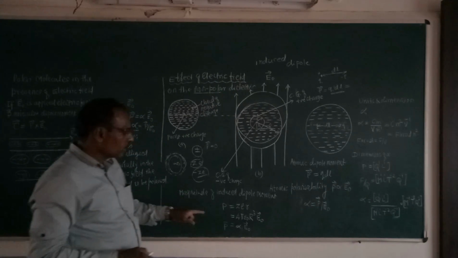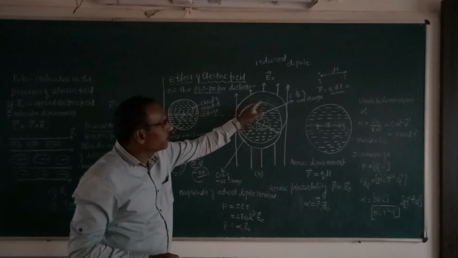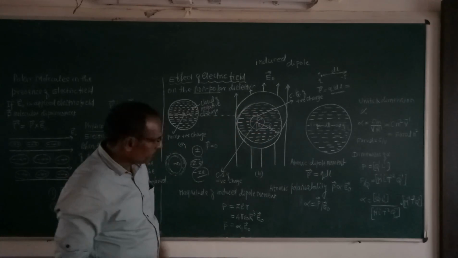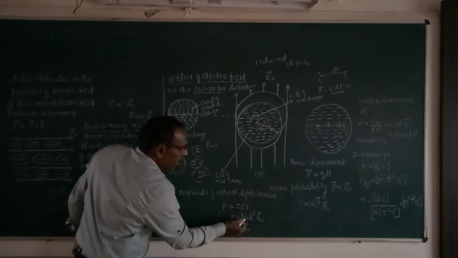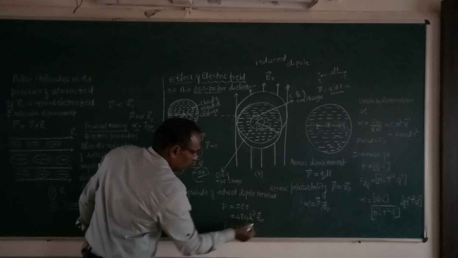When you calculate that in terms of this capital R, the radius of the atom, it is 4 pi epsilon naught R cube into E naught.